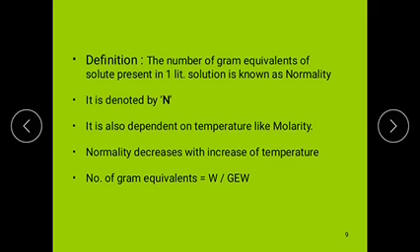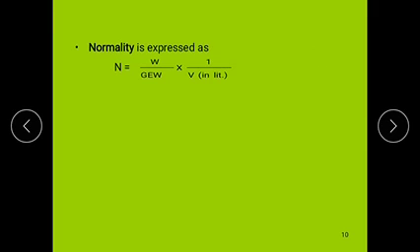The number of gram equivalents equals weight divided by gram equivalent weight. Already we just discussed the number of gram equivalents of solute present in 1 liter of solution. The number of equivalents of solute is W by GEW divided by the volume of the solution in liters.